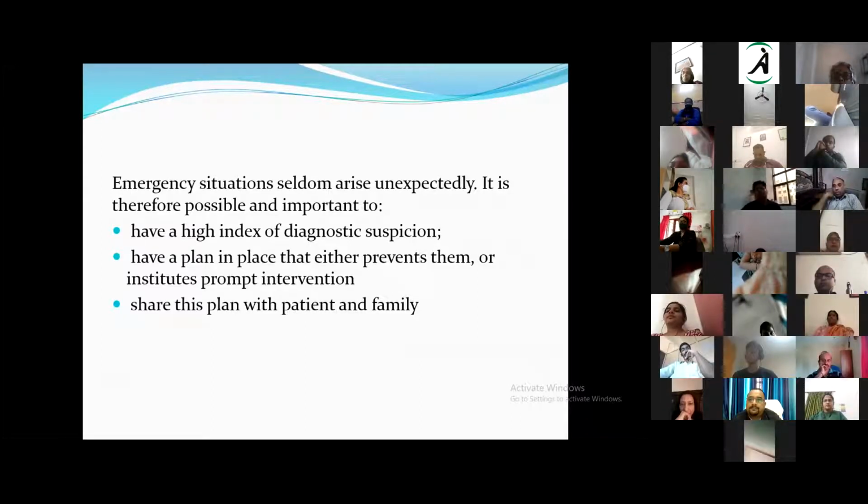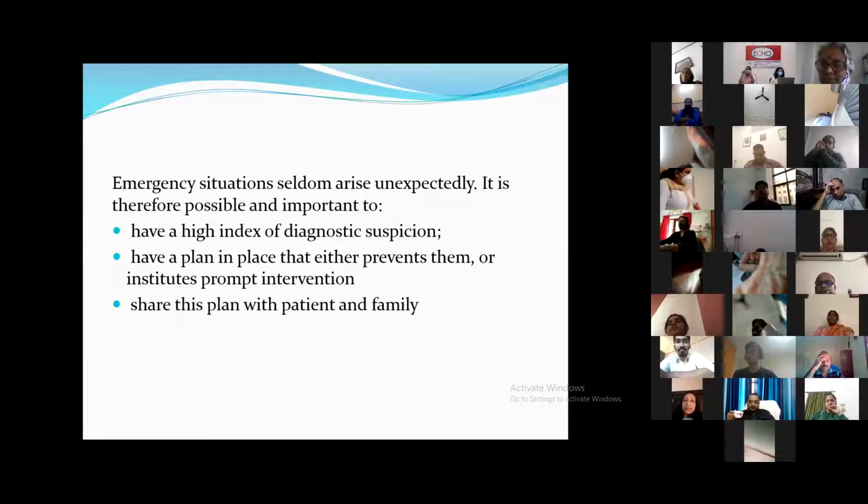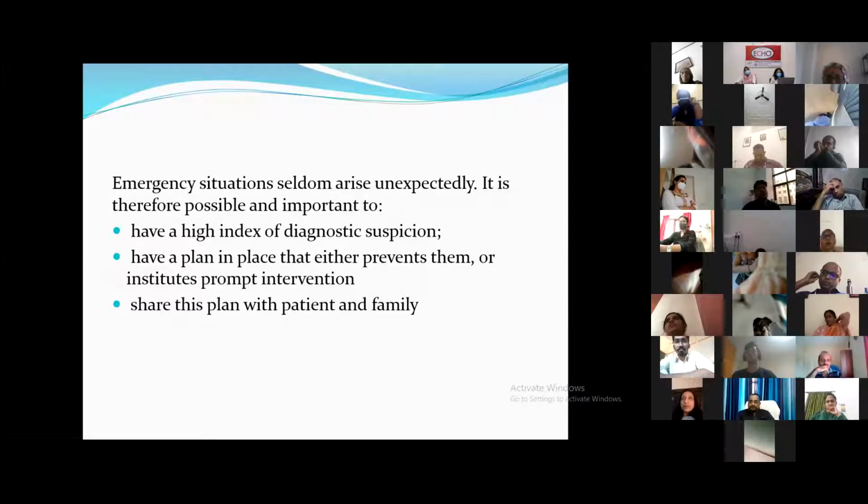Okay, so the second point I'd like to elaborate is have a plan in place that either prevents them or institutes prompt intervention. Like if you suspect this patient can present with hypercalcemia, you ask the patient to decrease the dietary intake of calcium, or you can hydrate the patient, so that the patient doesn't have a high exposure to calcium.